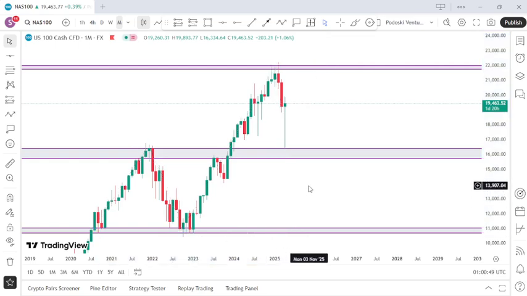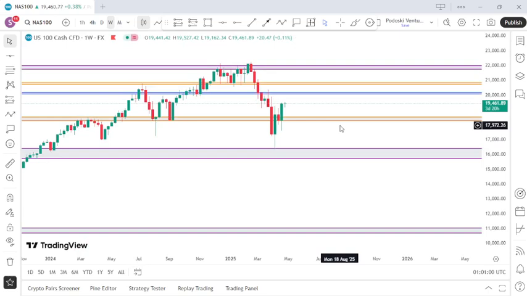But before the market does that, let's look for opportunities to take the buy from here all the way to the higher high.